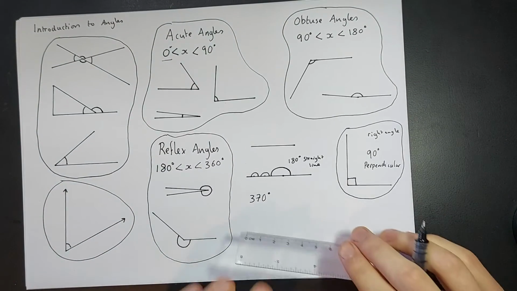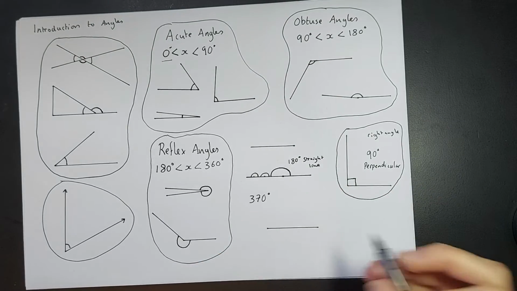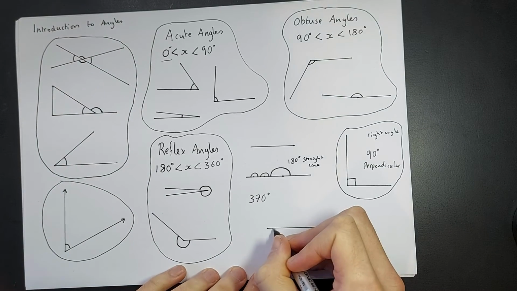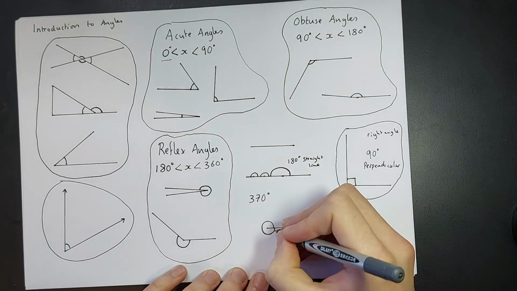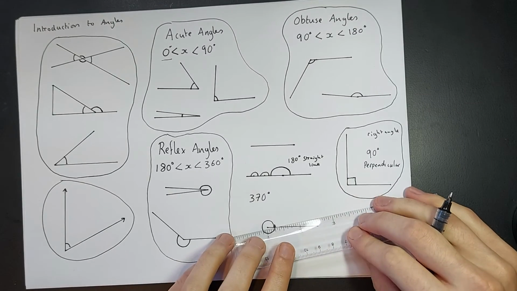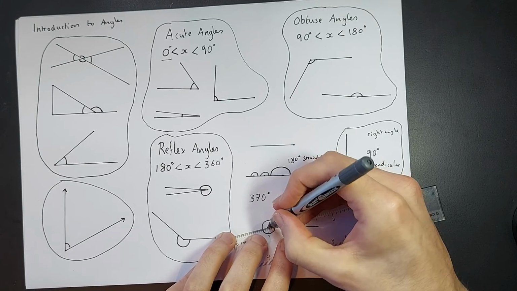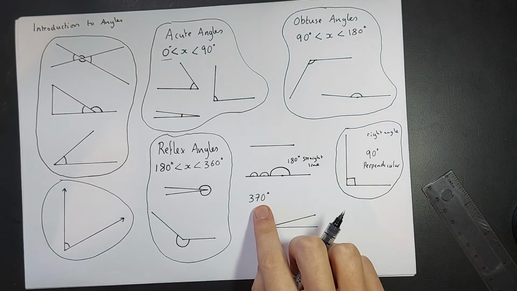We start off with a line, and from this line we go round 360 degrees. We're doing 370, so we've got an extra 10 degrees, which means our line is going to end up here. As a rotation, this angle exists, and that's fine.